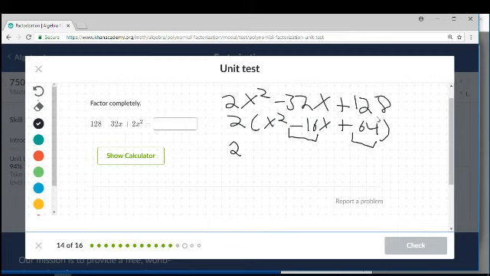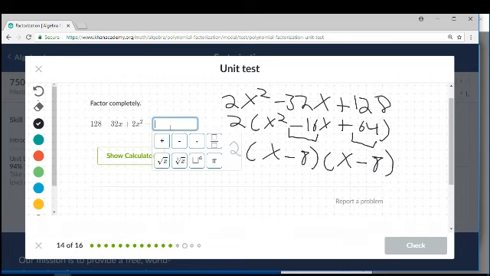Sorry, 2 times x minus 8, x minus 8. Negative 8 times negative 8 is positive 64. Negative 8 plus negative 8 is negative 16. So it will be 2 times x minus 8 and x minus 8.